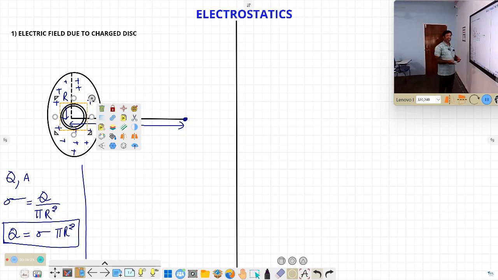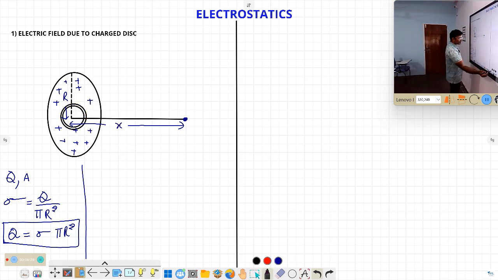I have chosen one small portion of ring here, which has a certain thickness.